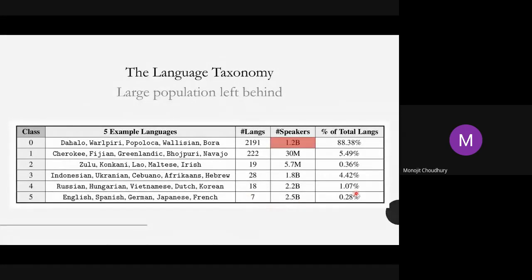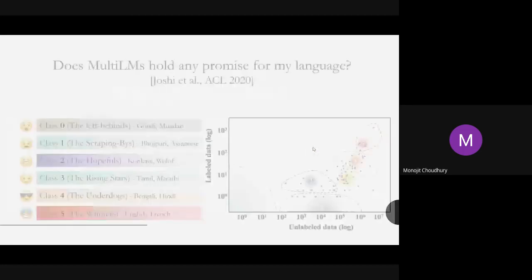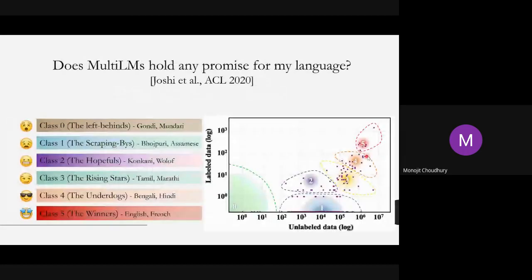That's 0.28% of the world's languages. In class 0, on the other hand, there are 88% of the world's languages and 1.2 billion speakers.